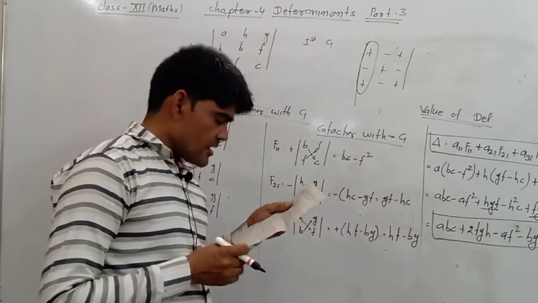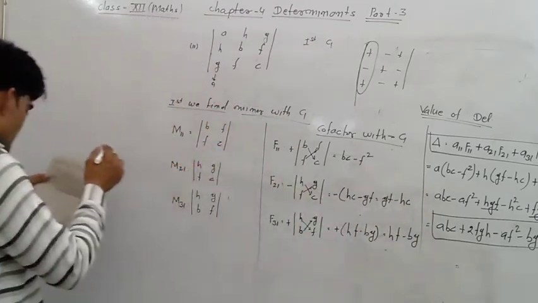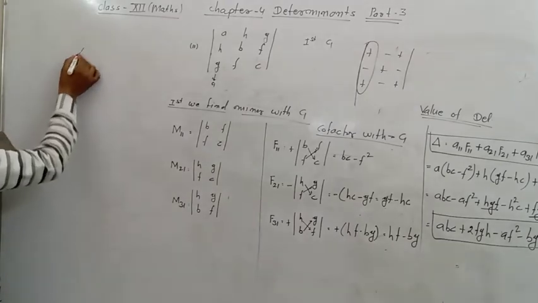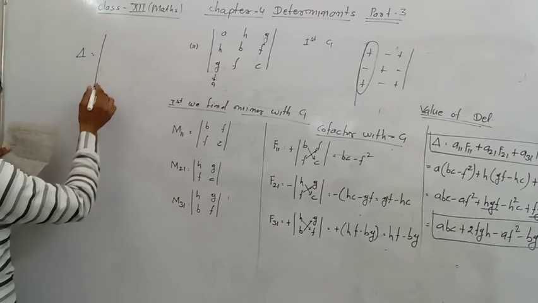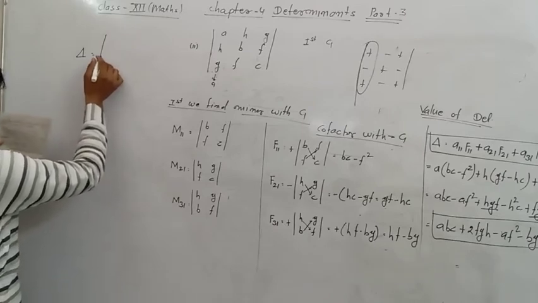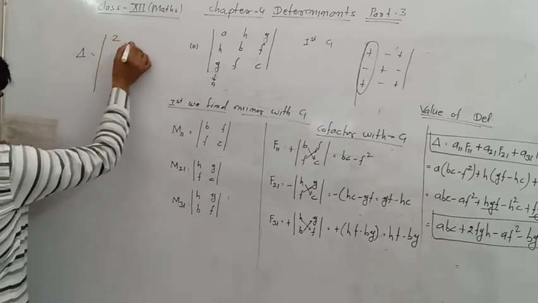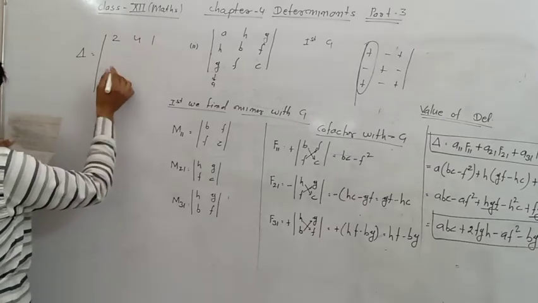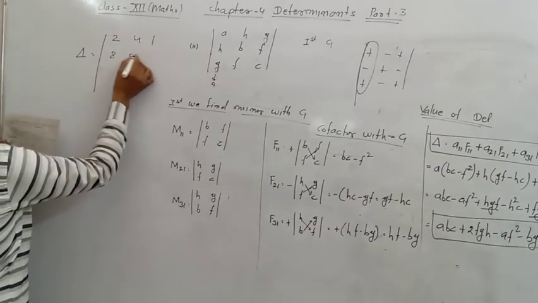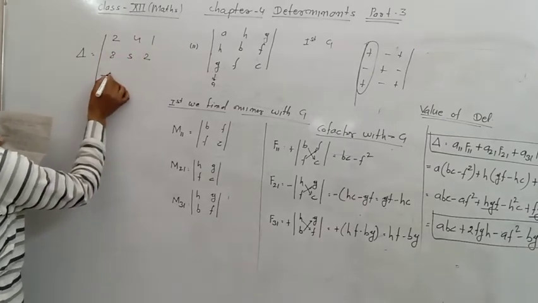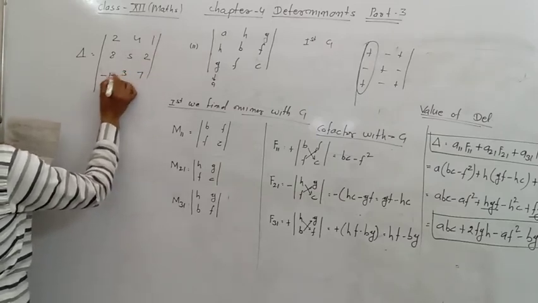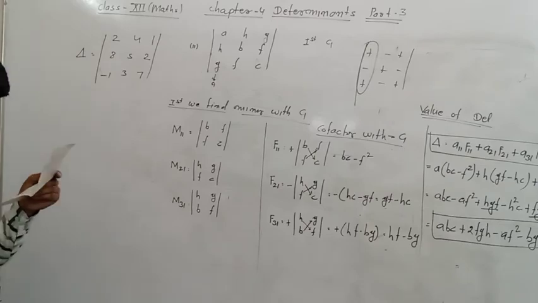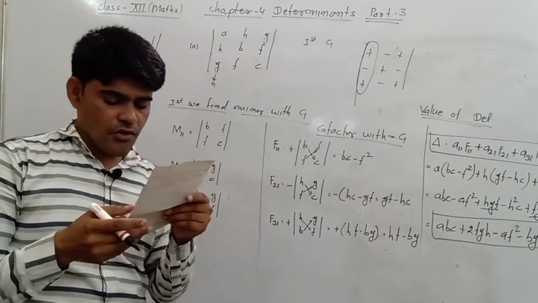Similarly, if we are given the determinant equal to 7 2 4, 2 4 1, 8 5 2, minus 1 3 7, this is a determinant of order 3 by 3. Then find the minor and cofactor of the second row.